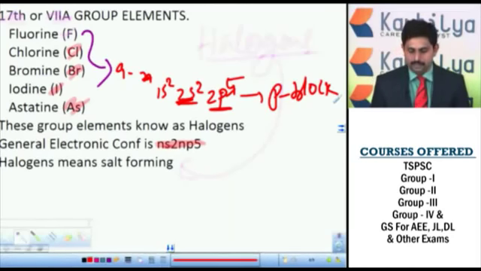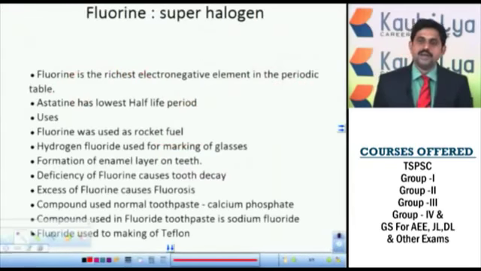The 18th group is not applicable because those elements are already stable. We are not going to discuss properties like electronegativity, electron affinity, electron gain enthalpy, ionization enthalpy or metallic character for the 18th group elements, only up to the 17th group elements.